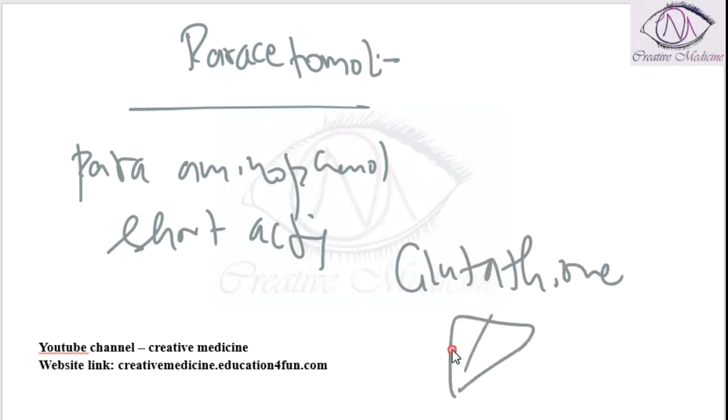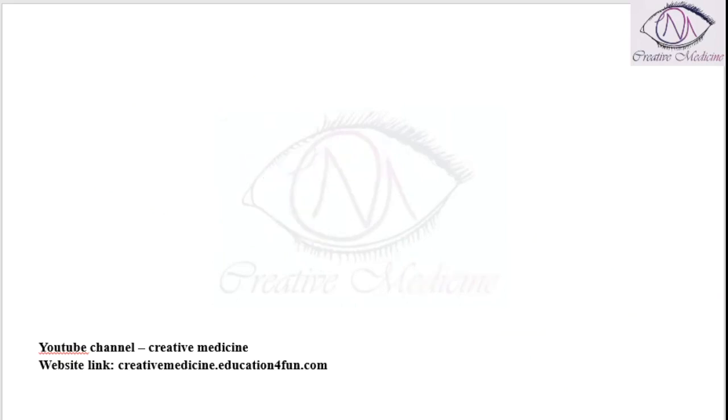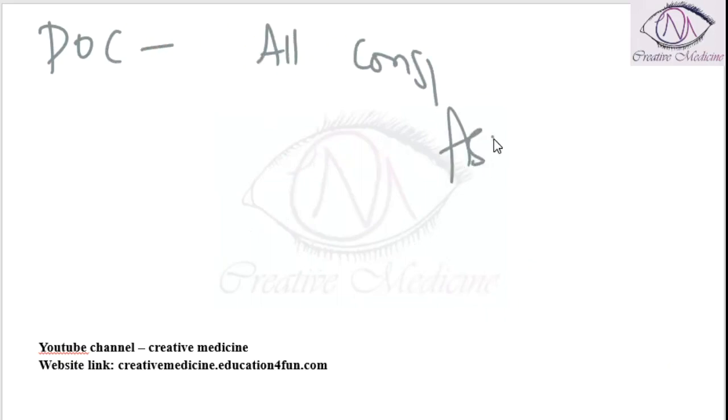It is a hepatotoxic drug because of a byproduct called NABQI, N-acetylbenzoquinone imine, which is produced. Paracetamol is actually a drug of choice for all the conditions where aspirin is contraindicated. If aspirin cannot be used in them, we can use paracetamol.